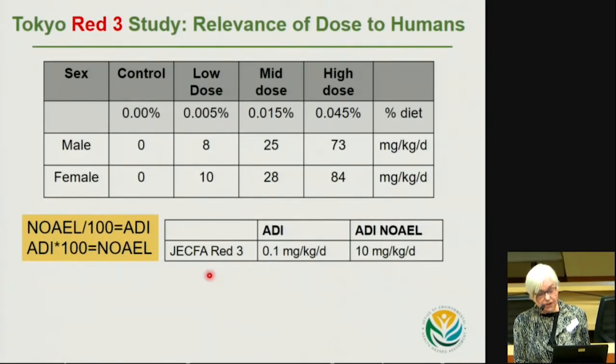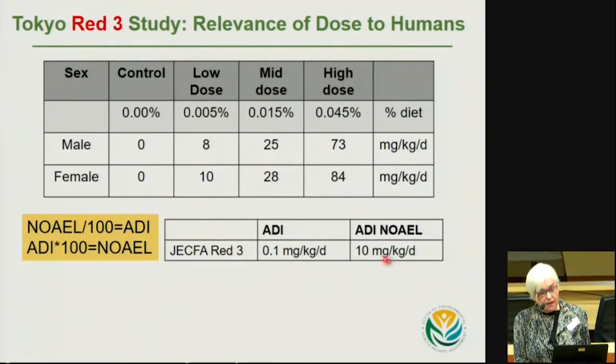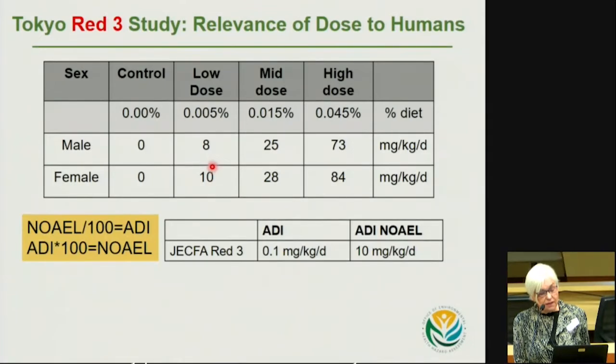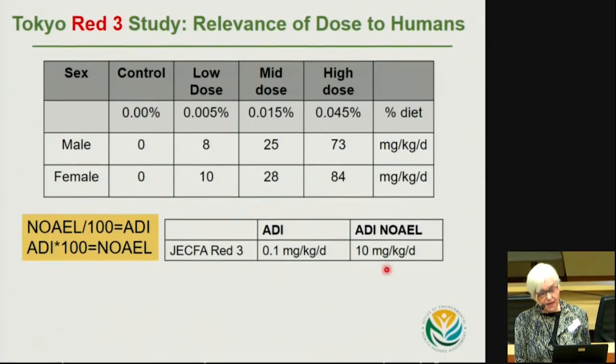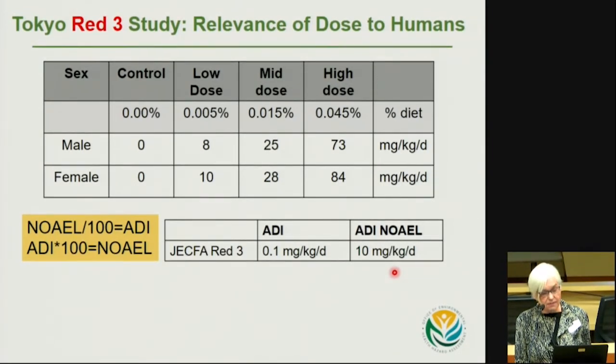These authors used the JECFA ADI. As Dr. Voorhees mentioned, JECFA is the World Health Organization Food Advisory Safety Committee, so they produce an ADI that's widely used in the animal experiments. And as you can see, that was a pretty good guess, because the low dose animals had 8 and 10 milligrams per kilogram. That's how much they ate, which is very close to what the investigators were estimating.